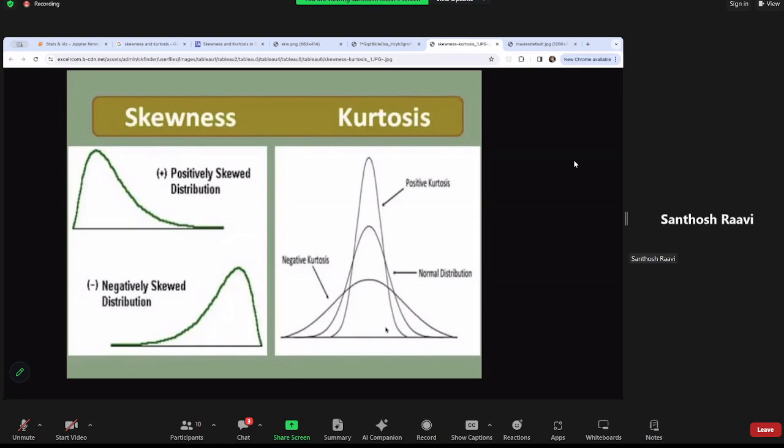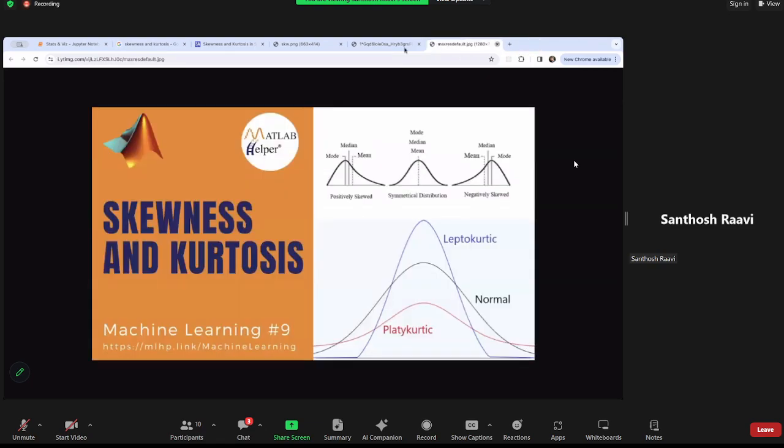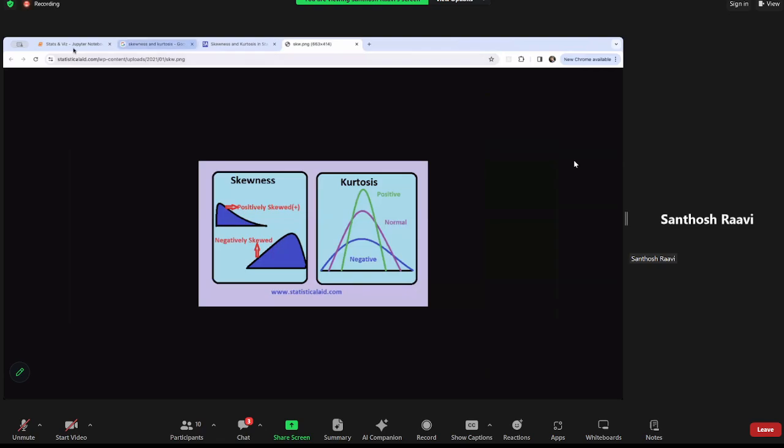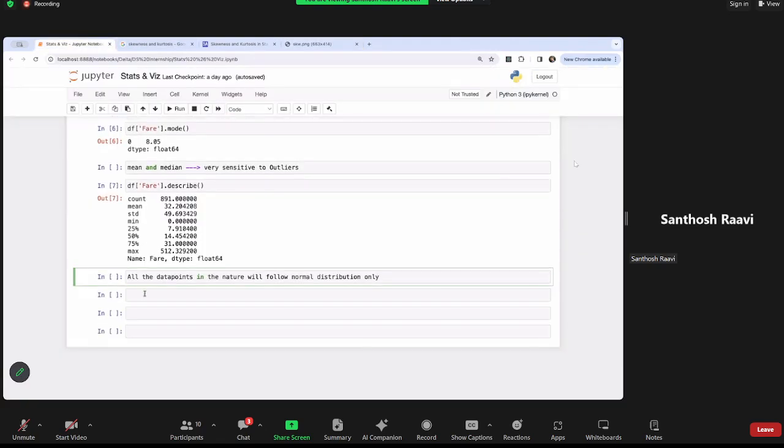Okay, next we will plot these graphs of the Titanic data set. We have the Titanic data set, we will plot the graph.